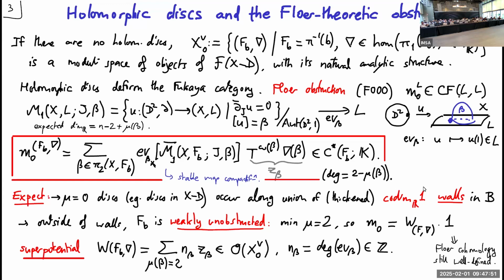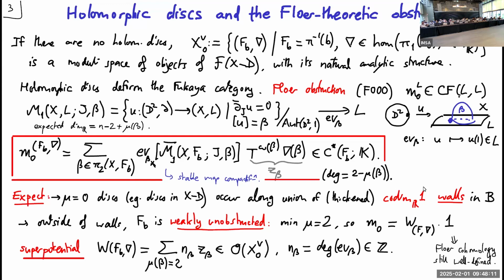And for each class of disks, we will record this chain, or cochain in our case, with a weight, this Floer theoretic weight, T to the symplectic area times a polynomial of the boundary, which produces for us a generating function for these moduli spaces of disks.